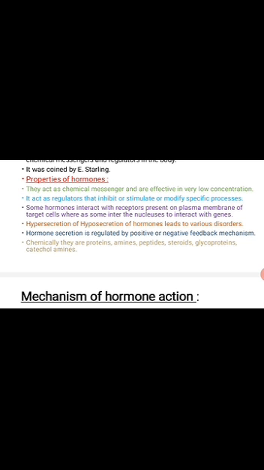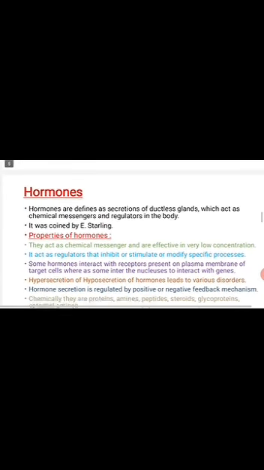And the last one is that chemically the hormones may be protein, amine, peptide, steroid, glycoprotein, or catecholamine. So these are the properties of hormone, and they may be asked for 2 marks or 3 marks in your exam.